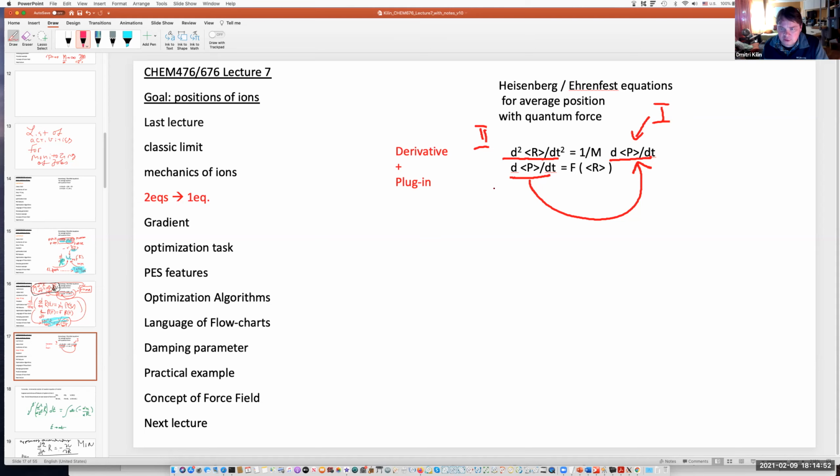So if I plug one equation into another, I did apply a second derivative to the top equation, and then here I do have, instead of momentum, a derivative of momentum, and instead of the derivative of momentum, I can plug in the force.